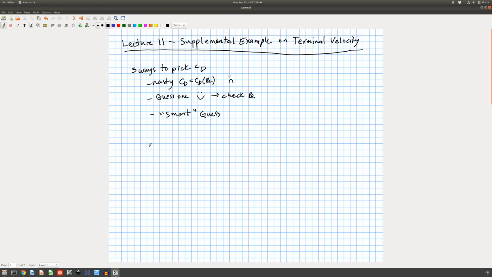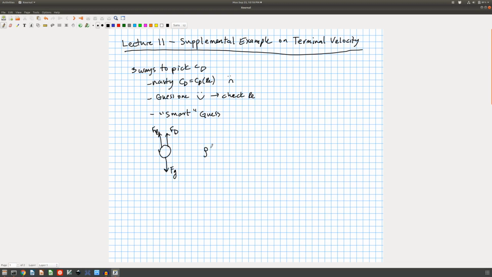So remember, we solved this problem for a ball, a baseball falling in air, and we said there was the buoyancy force, and there was a drag force, okay, and then there was the force due to gravity. And we wrote the force balance as follows.